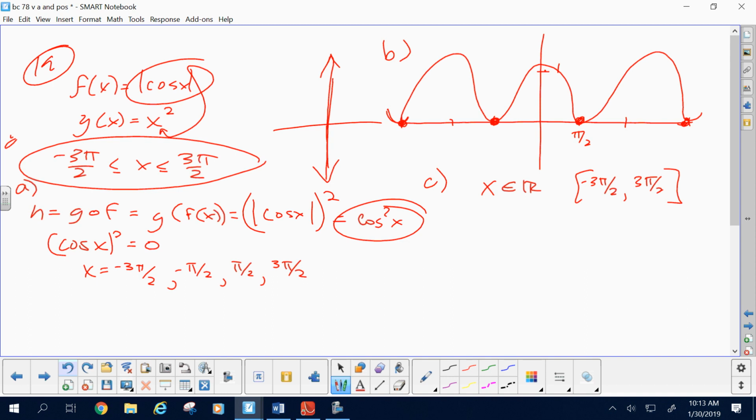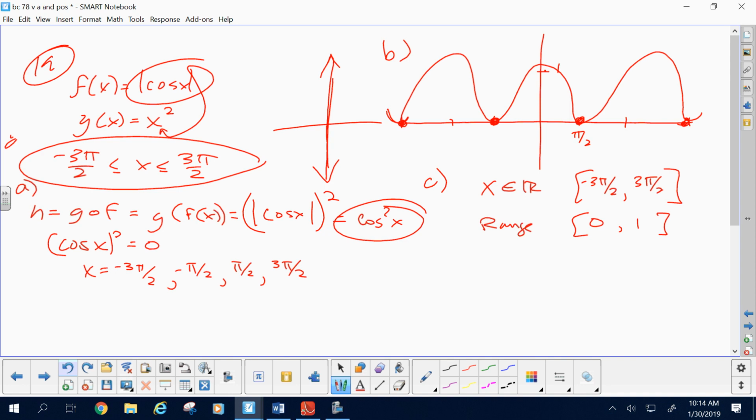There's no restrictions other than the ones they gave. Okay? What about the range? The picture helps if you have a graph, and the y is obvious. What's the range of y values? 0 to 1, and it is inclusive. It does touch those, so that's brackets.